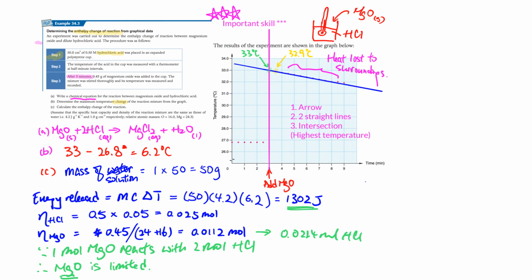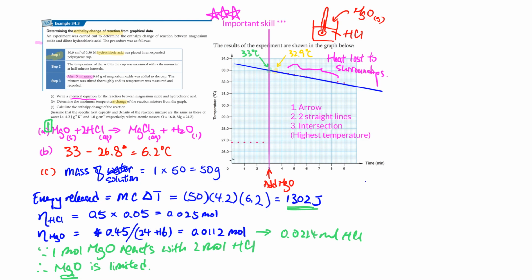So right here, when we talk about enthalpy change of reaction, if you remember, we didn't have a specific target to say which one has to be 1. But right here, MgO is the limiting one, and its unit is 1.